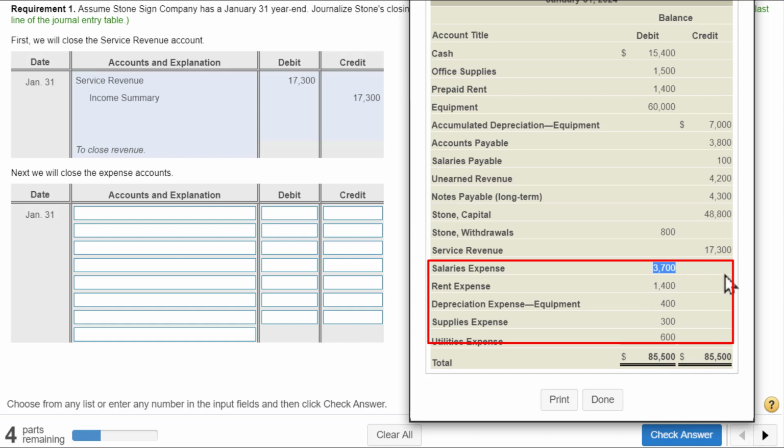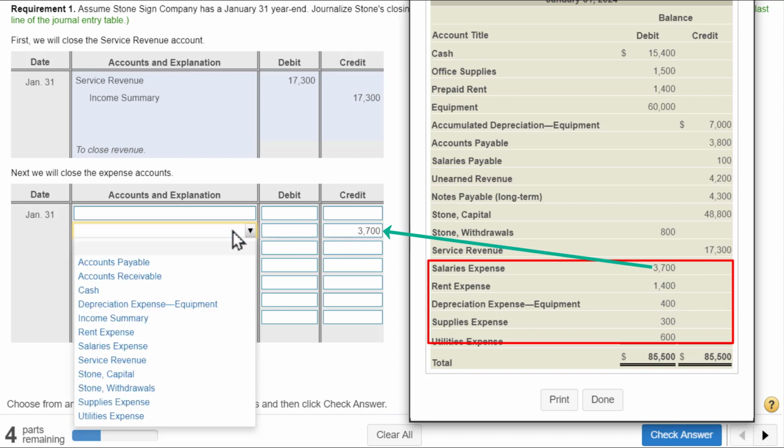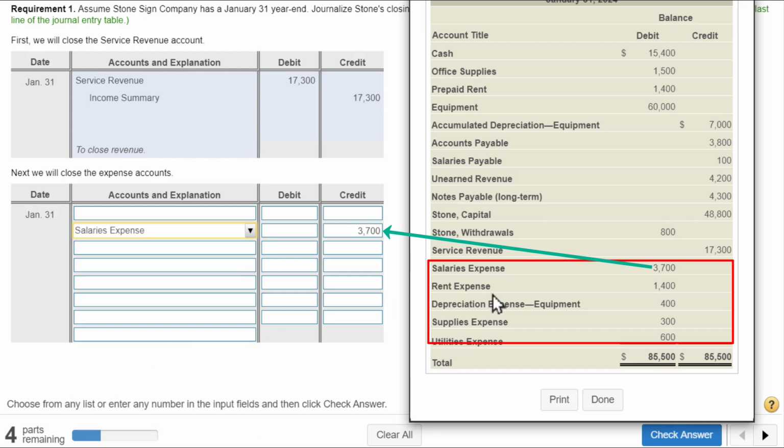So how do I close this? I'm going to credit it. And because I have to list the debit account first, I'm going to skip the first line because I need to credit salaries expense, $3,700, to close it. And we'll figure out the debit later.